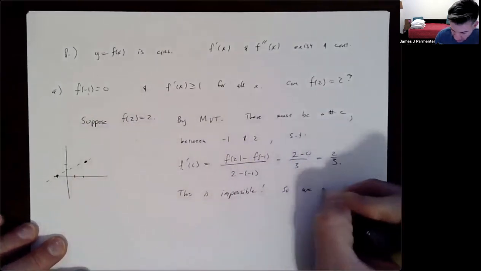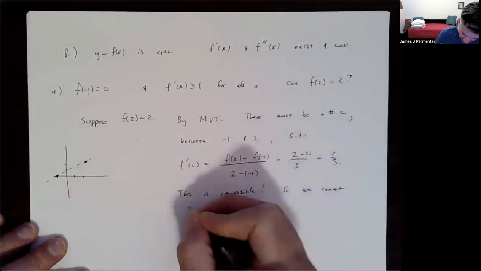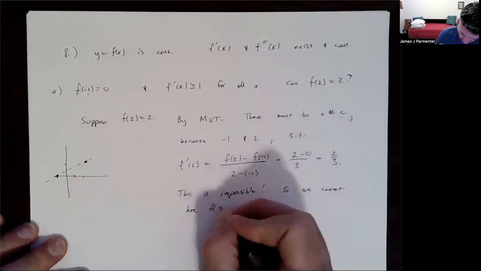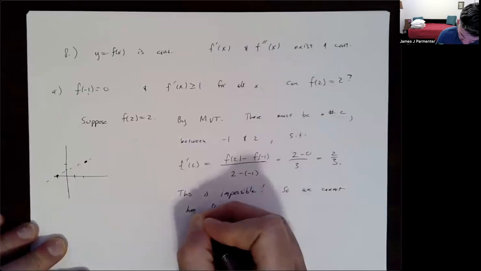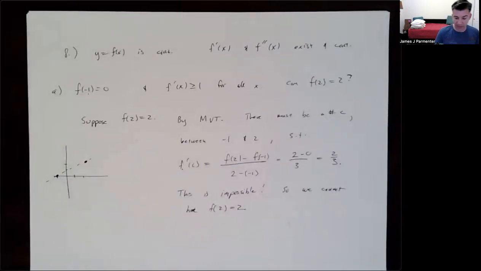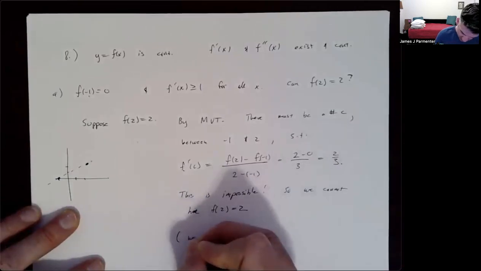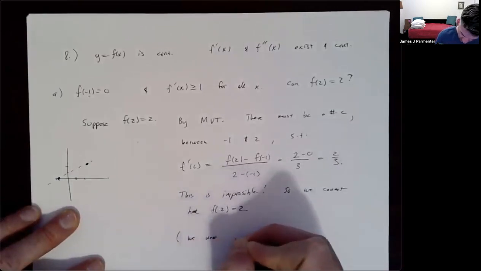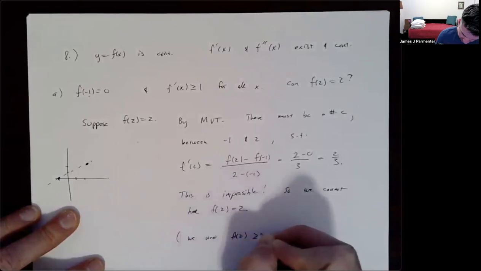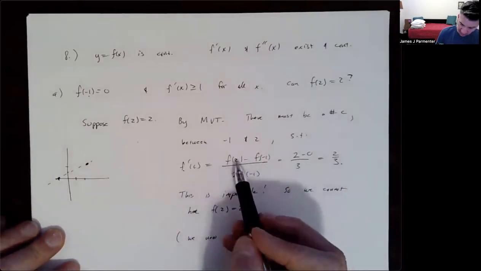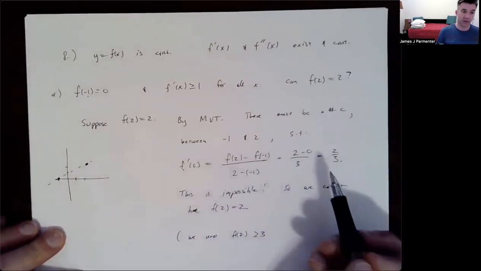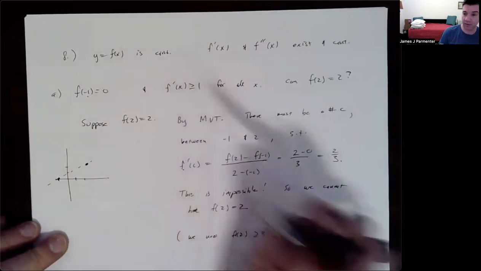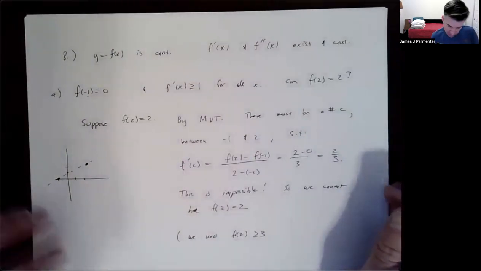So we cannot have f of 2 equal to 2. f of 2 would have to be, I think, 3 at the minimum, right? We need f of 2 greater than or equal to 3, so that this is 3 minus 0 over 3, which is 1, which f prime of x is allowed to be greater than or equal to 1. So let's go to the next part of this question.